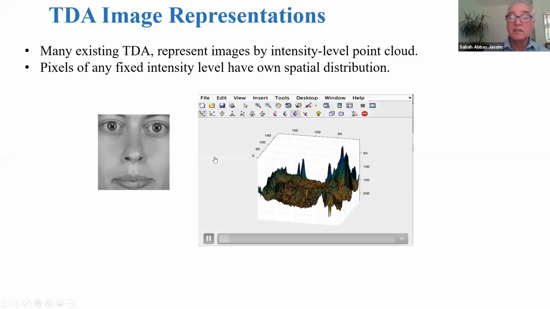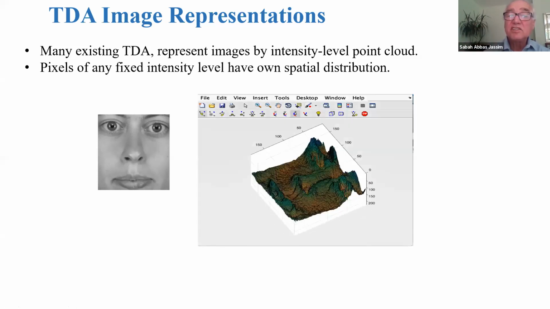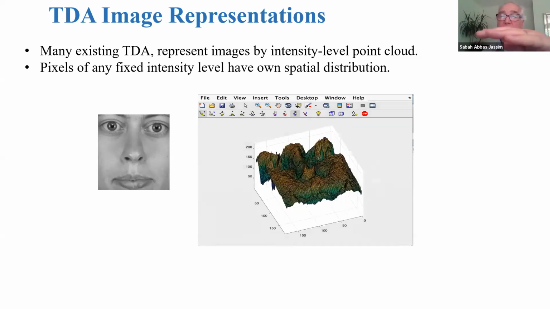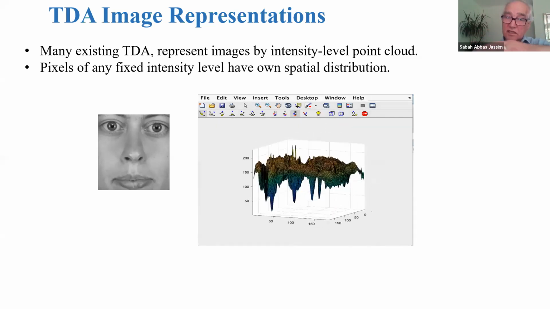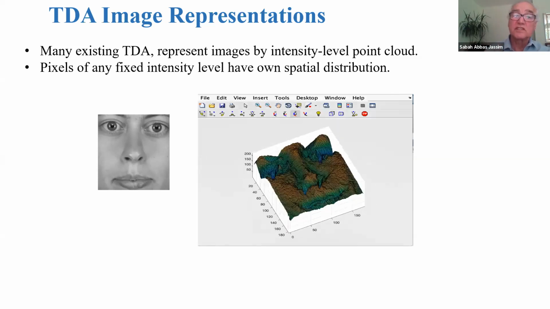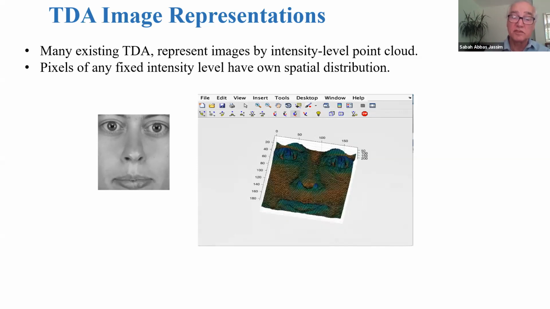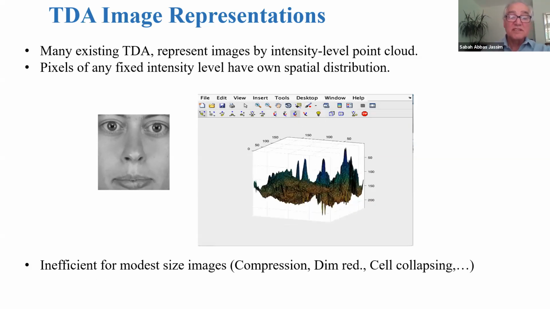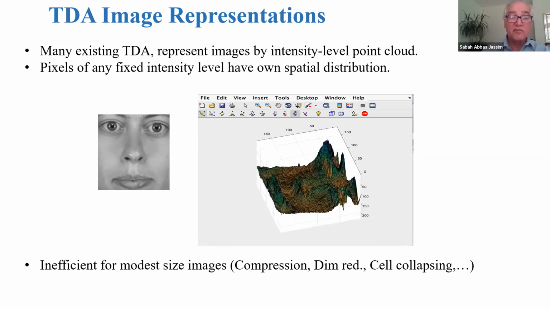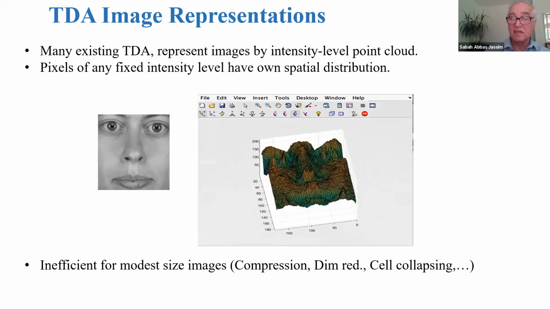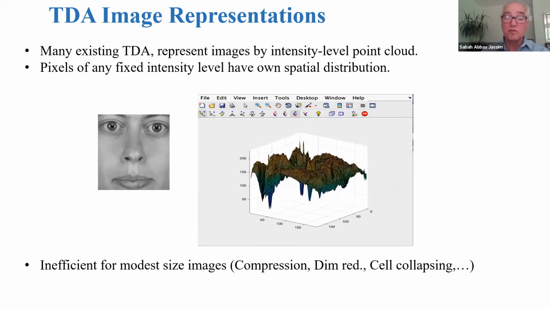At each intensity level, if you cut it, you can see that each level has its own geometry, topology or spatial distribution. That's fine, but it is somehow inefficient for many applications, especially if the image size is large, unless you have lots of computational power.